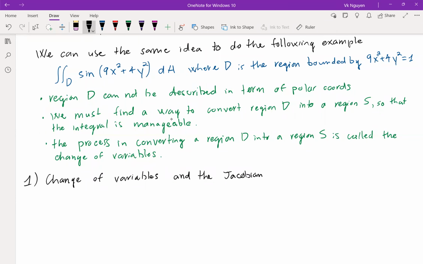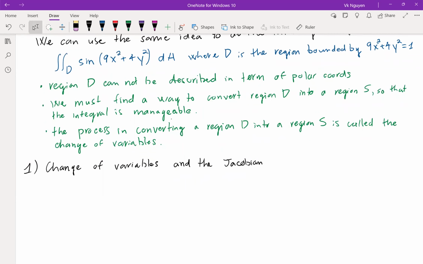Well, in order to convert a region D into a region S, we're going to use a one-to-one transformation T. Let T be a one-to-one transformation where T(u,v) is equal to (x,y).